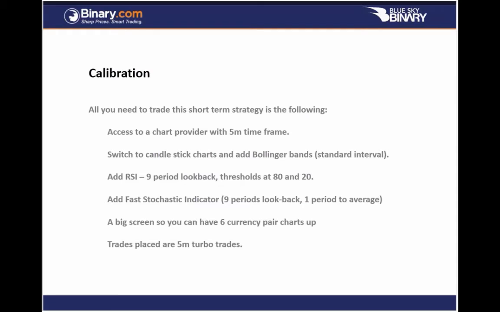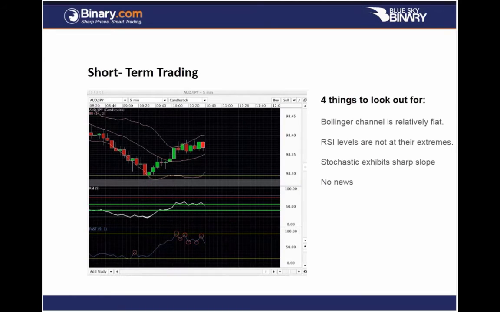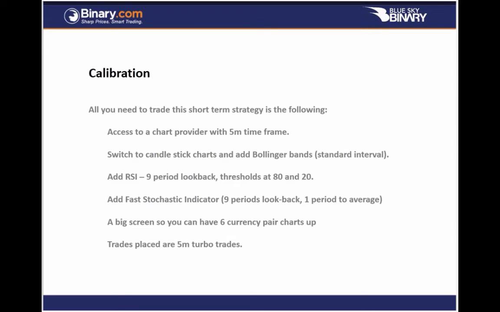Now, all you need to trade this short-term strategy is the following. You need access to a chart provider with a 5-minute time frame. As discussed, this strategy should be used on 5-minute charts. It's a turbo or short-term trading strategy. Switch to candlestick charts and add Bollinger Bands, standard interval, which means 14 periods or 20, depending on what you want, and 2 standard deviations.